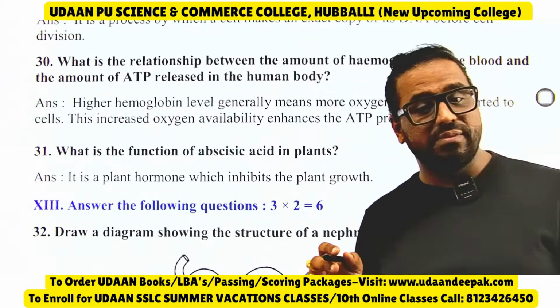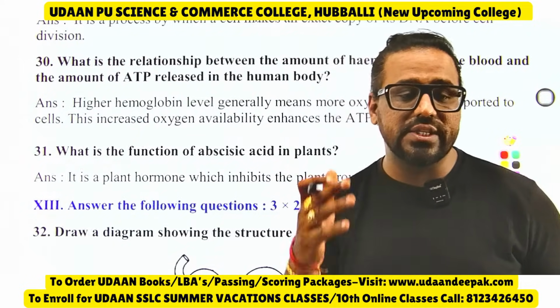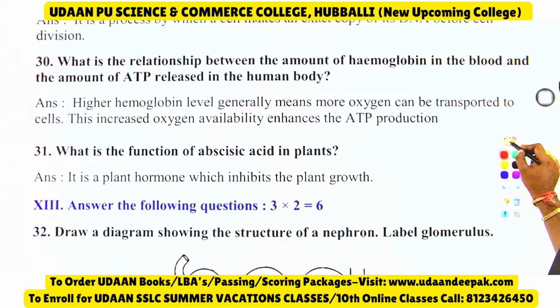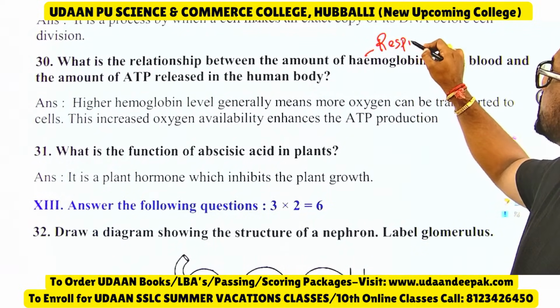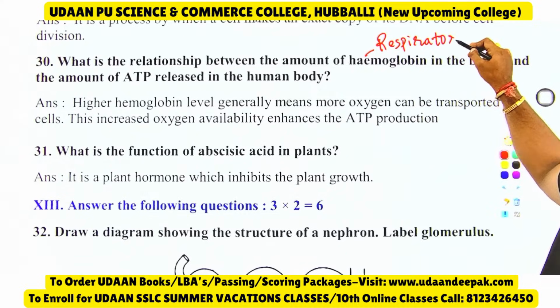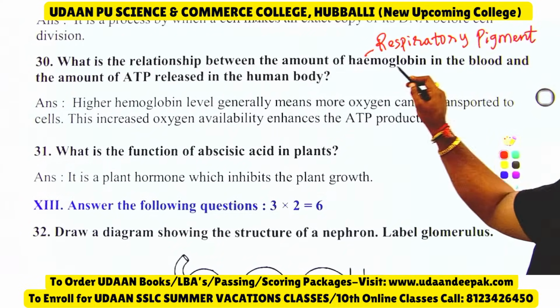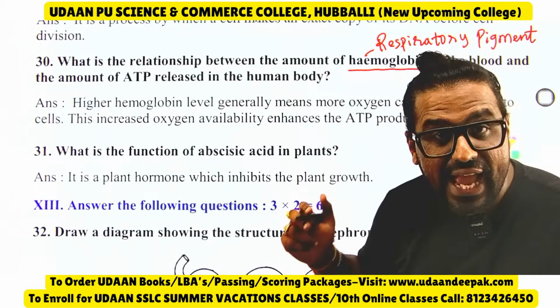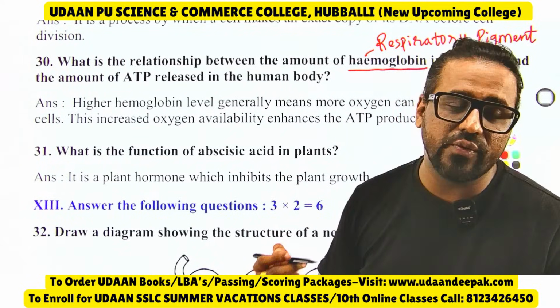Hemoglobin. It has come in exams many times. If they ask which is a respiratory pigment, you should be able to tell that hemoglobin is a respiratory pigment. It carries oxygen from the lungs to every part of your body.